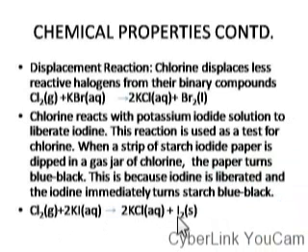The iodine, we all know, when it comes in contact with starch, will turn the starch blue-black. So if a starch iodide paper is dipped inside the gas jar containing chlorine, it turns blue-black immediately, and that is used as a test for chlorine in the laboratory.